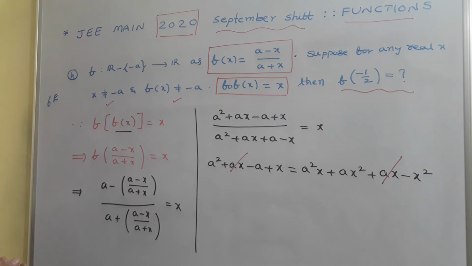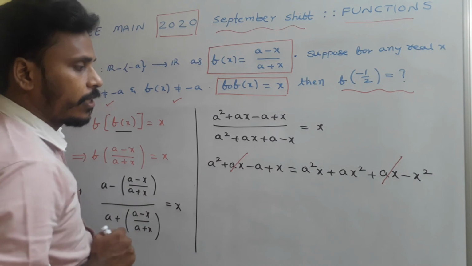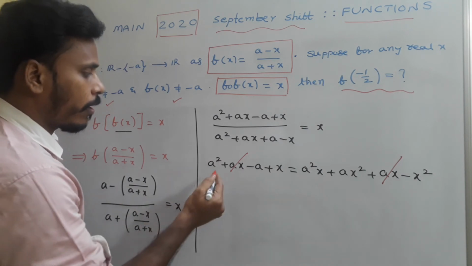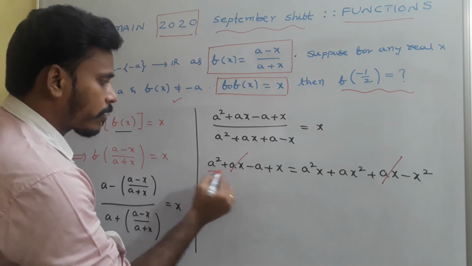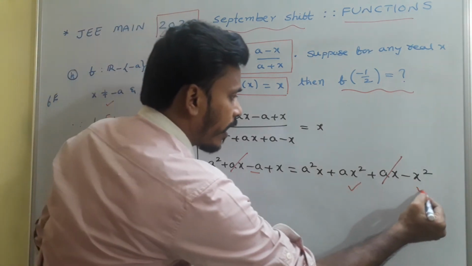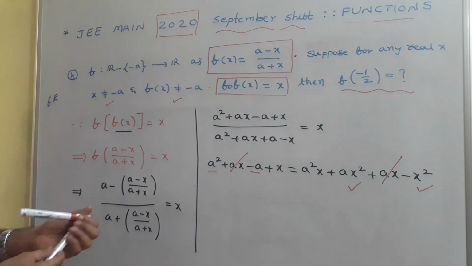And then we need to simplify this part. This is a square minus a this side. Okay, so look there, a square and a, x square and x square, remaining two terms. Step by step we need to simplify.